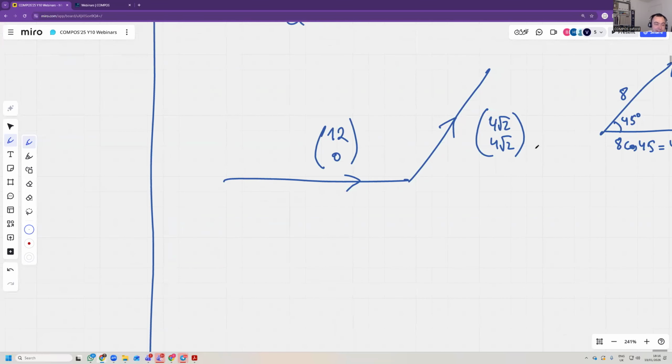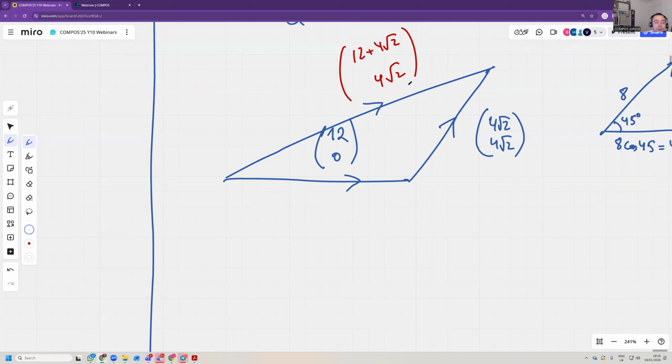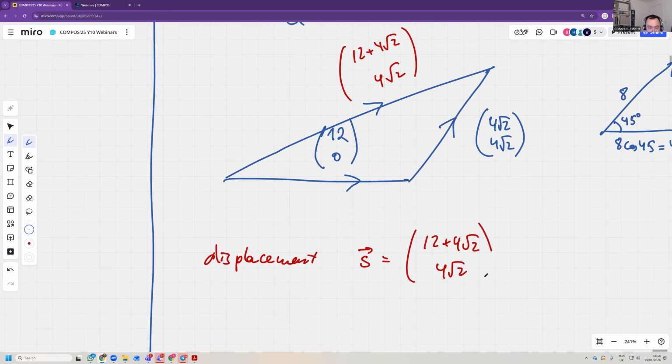So the resulting vector, this one, is going to be 12 plus 4 root 2 and 0 plus 4 root 2, so 4 root 2. So the displacement vector S is 12 plus 4 root 2 and 4 root 2.